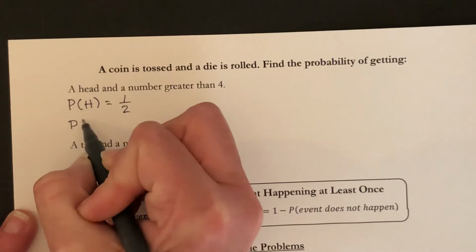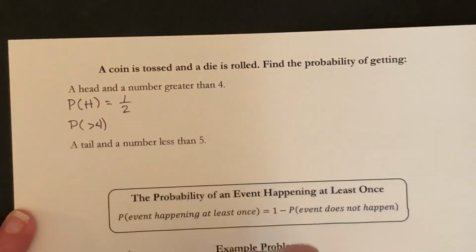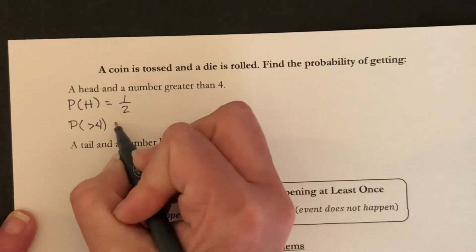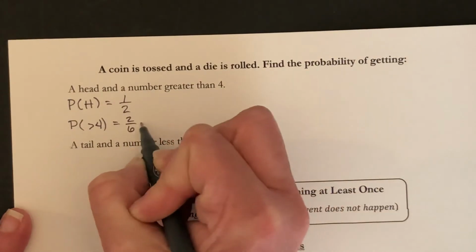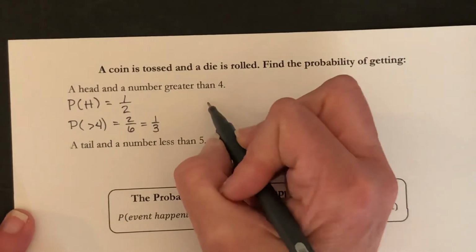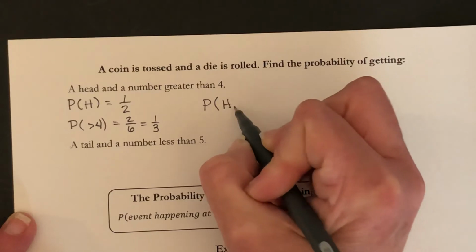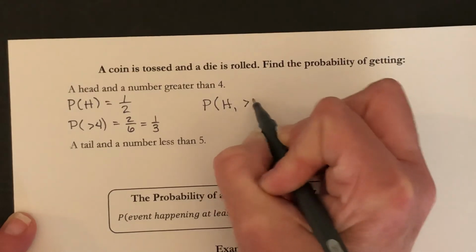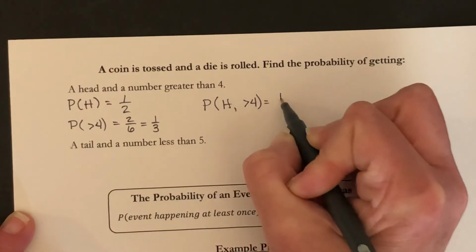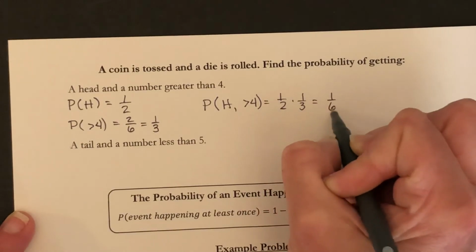The probability of rolling something greater than 4: that would be 5 and 6, so that's 2 ways out of 6, which is 1/3. So the probability of tossing a head and a number greater than 4 would be 1/2 times 1/3, which is 1/6.